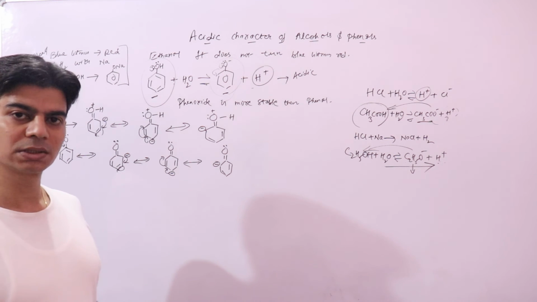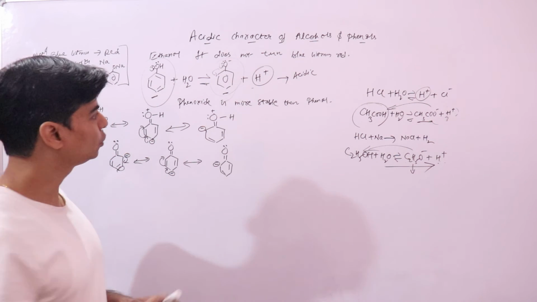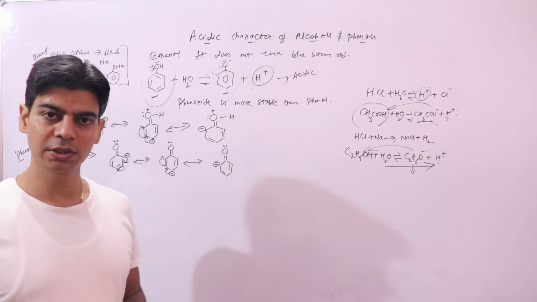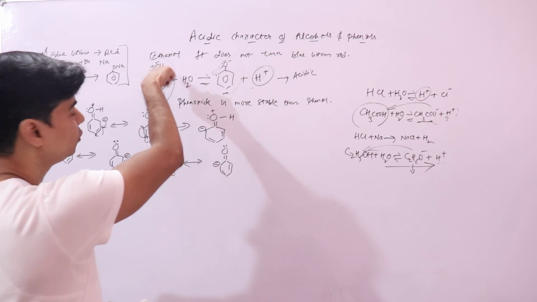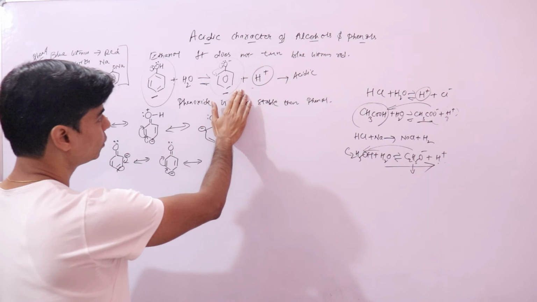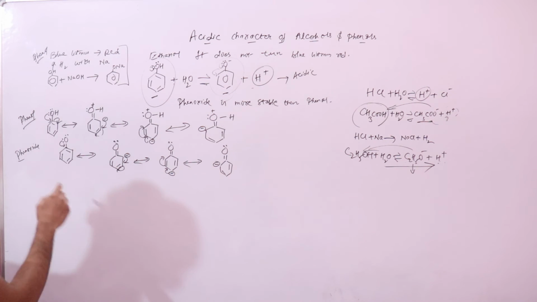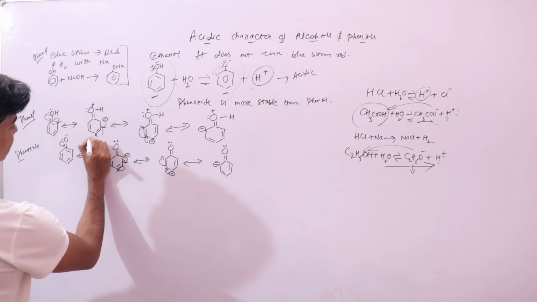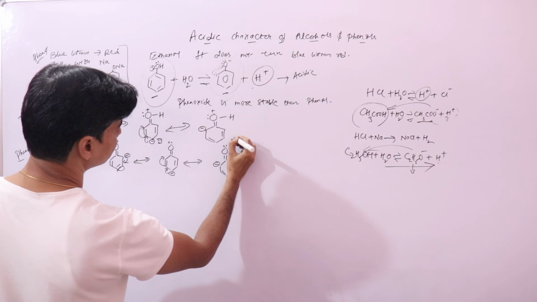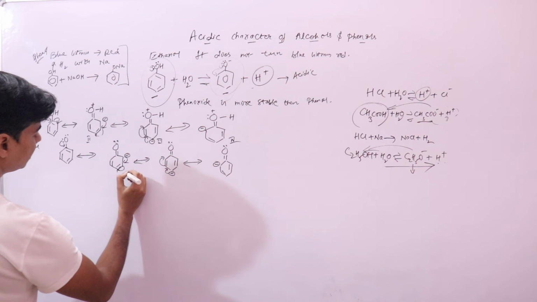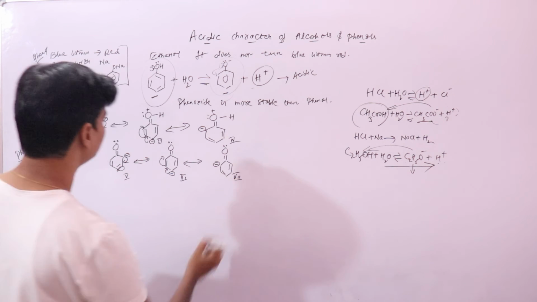What you need to understand here is that this phenoxide is more stable, due to which you have more hydrogen ions. It is stable, that is why it does not immediately react with hydrogen ions to give you back phenol. Why is it more stable? These resonance structures will tell us. If you look at these three resonance structures, let's say this is second, this is third, and this is fourth, and this is your fifth, this is your sixth, and this is your seventh.